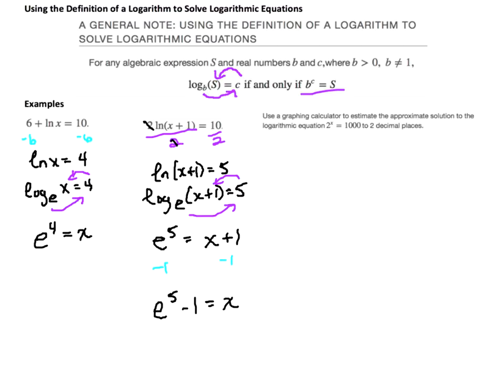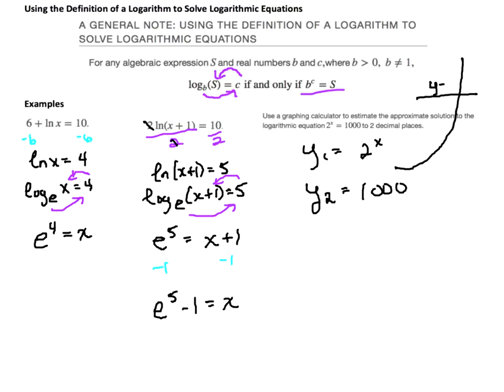And then finally, they're once again reminding us, don't forget, you can use your calculator to solve these. So if I put 2 to the x as y1, and 1,000 as y2, I have 2 to the x that comes up like this, and it intersects with y equals 1,000.